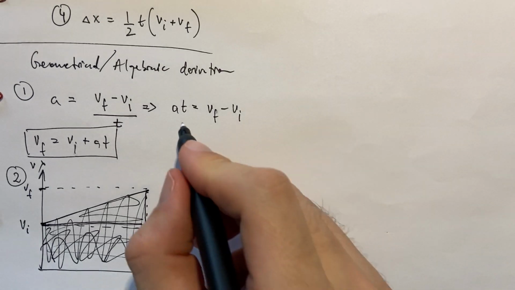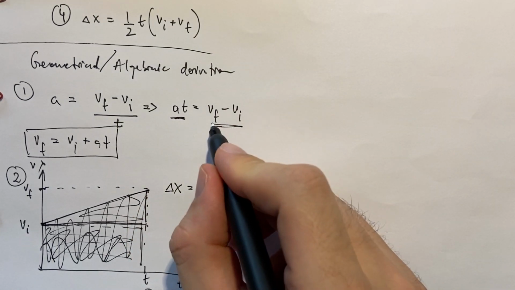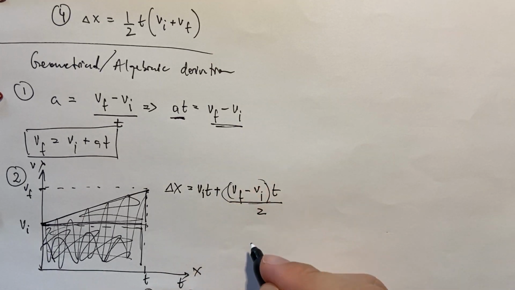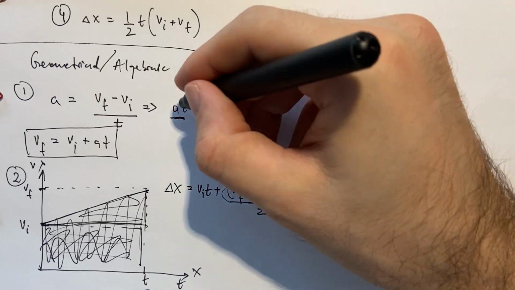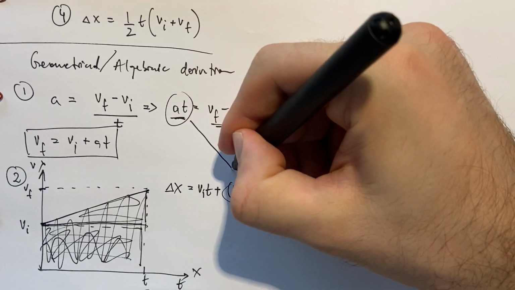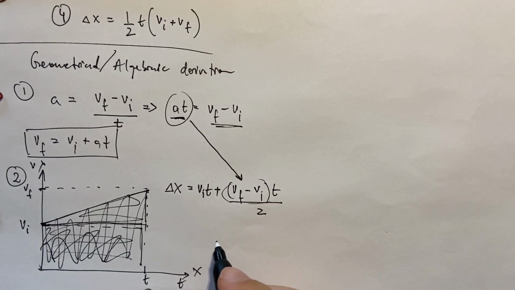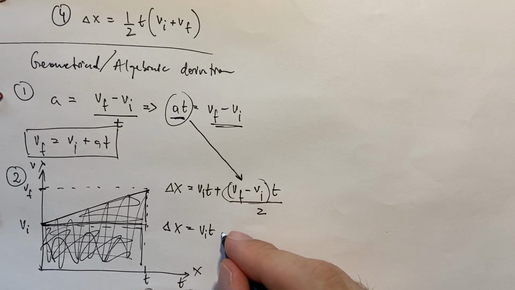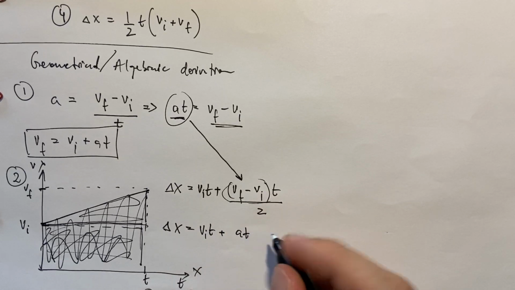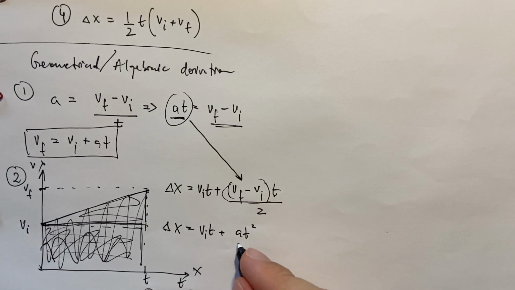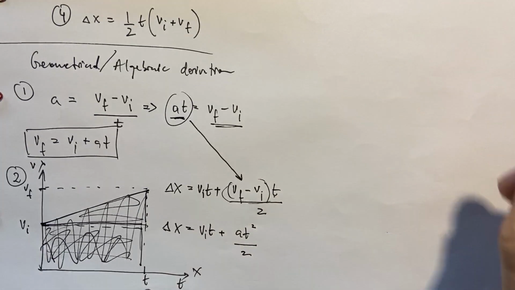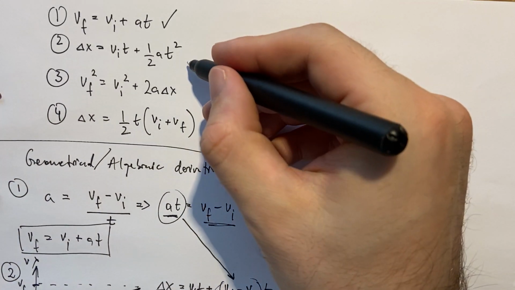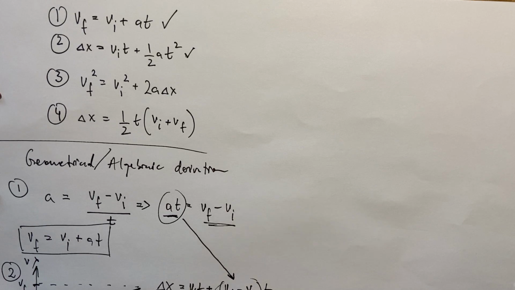But look at this, at is final velocity minus initial velocity. And that's the same expression as this one. So let's go ahead and replace this term with this term. And we will get delta x equals initial velocity times the time plus at squared, since we have a t there, divided by 2. That is the second equation of motion derived.